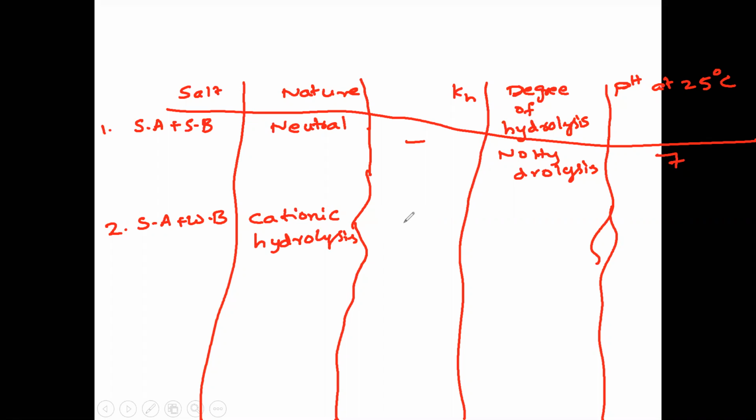And to find KH, KH is equal to Kw by Ka.